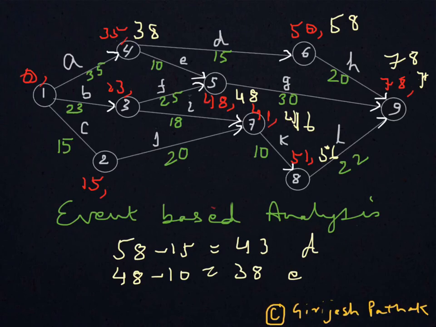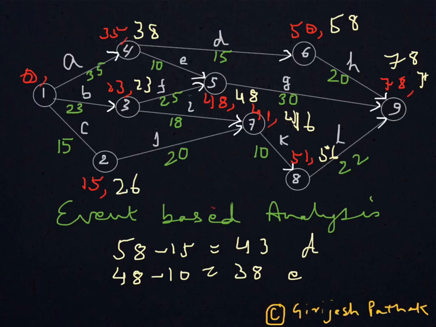So obviously this 48 minus 25, that 23 is the minimum, so the latest time will be 23 for node 3. For node 2, since only one arrow is there, so 46 minus 20, that gives 26, so that is the latest time for node 2.